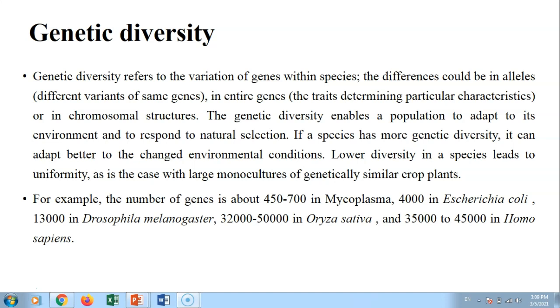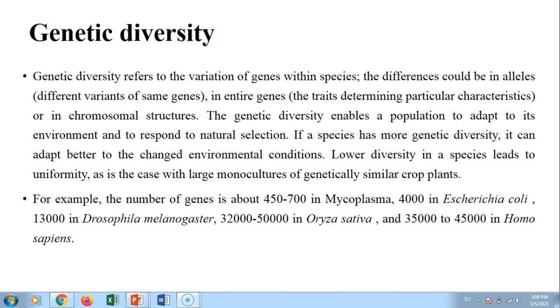The differences could be in alleles, different variants of the same genes, in entire genes, the traits determining particular characteristics, or in chromosomal structures. The genetic diversity enables a population to adapt to its environment and to respond to natural selection.